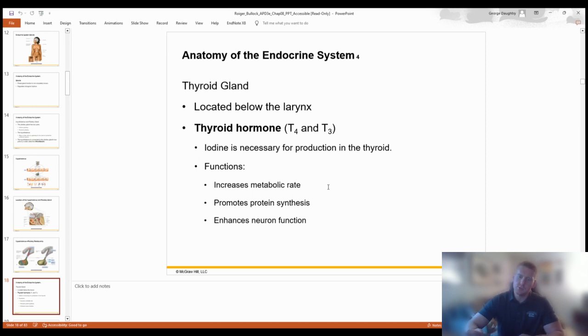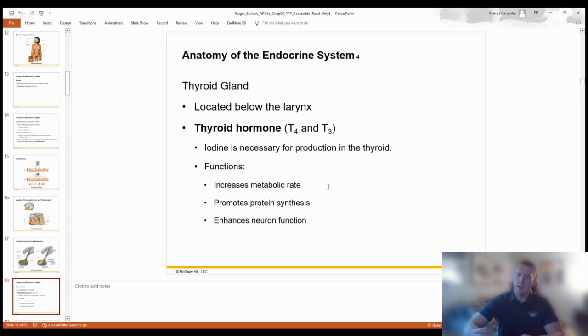And keep in mind, this is one of our initiations or causality of disease that I want you to be familiar with. If you have a dysfunctional thyroid gland, that could be hypothyroidism, known as Hashimoto's, or we could have a dysfunctional thyroid gland which results in a goiter, which is that swollen portion of the neck.